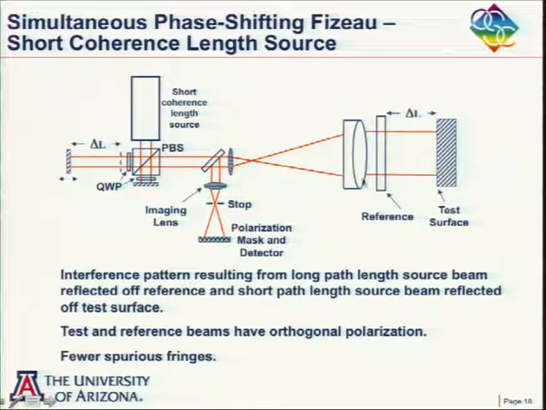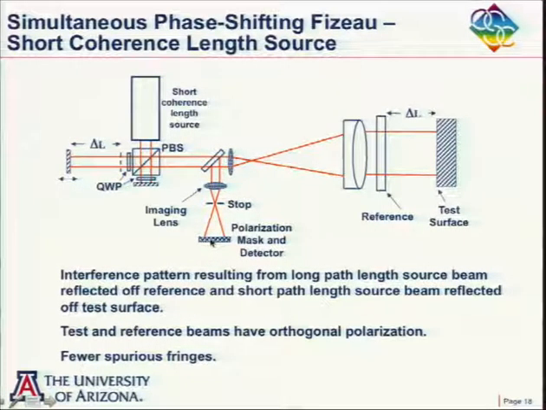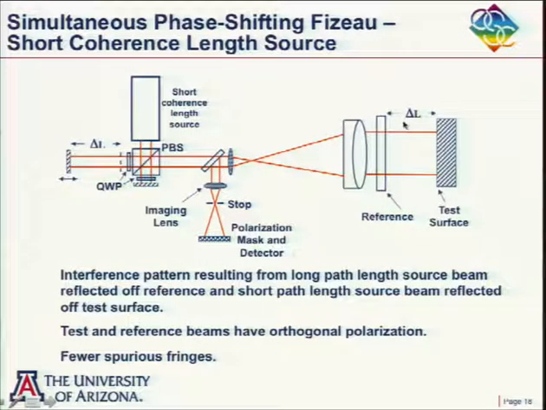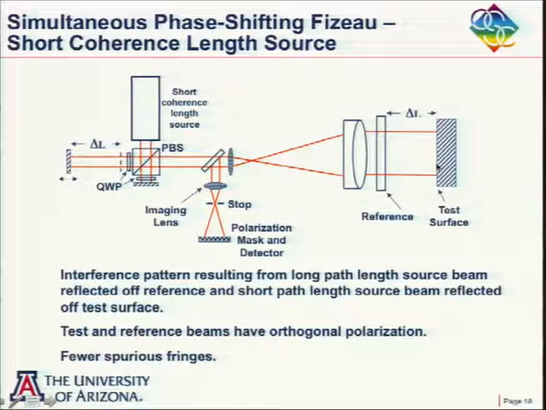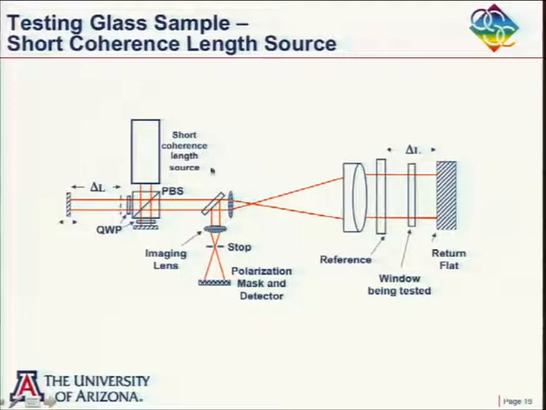Now the two beams have orthogonal polarizations, but I can put my little polarizing mask in front of my detector here and get the interference pattern that I want. Now I'm going to have other beams present. Both of these beams are reflected off of here, and both these beams are reflected off of there, but they won't be coherent.